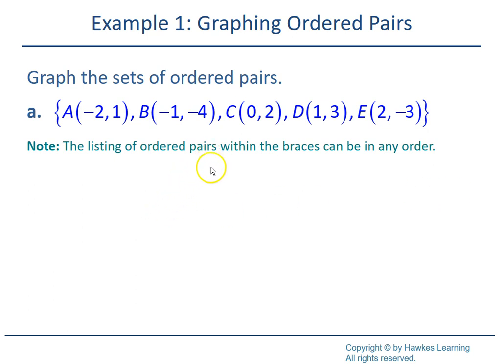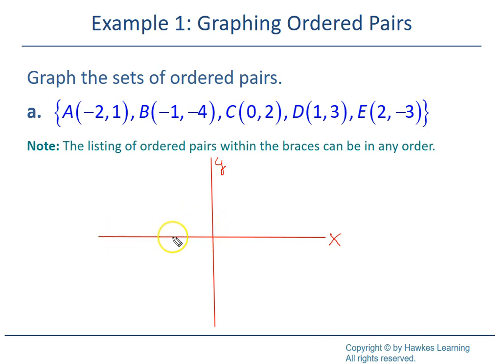So if we have a vertical line and then a horizontal line, and these are actually number lines, we're going to call the vertical line the y-axis and the horizontal line the x-axis.